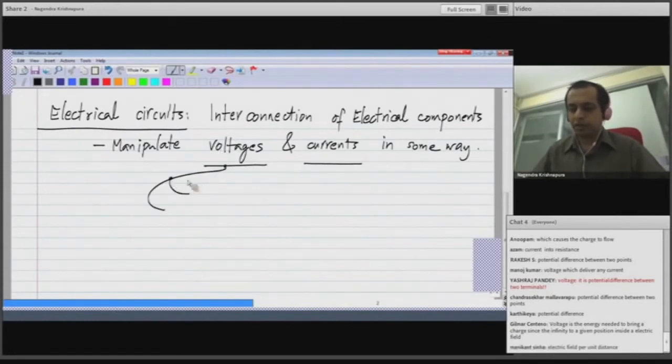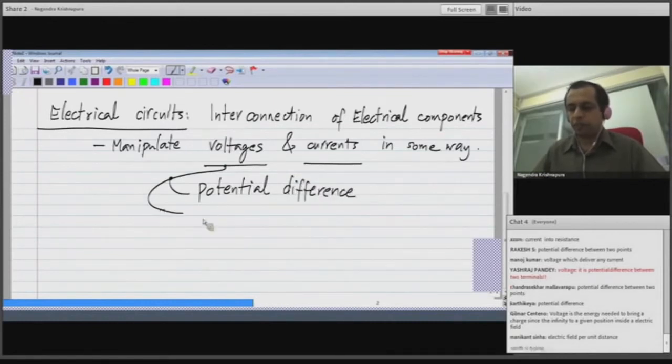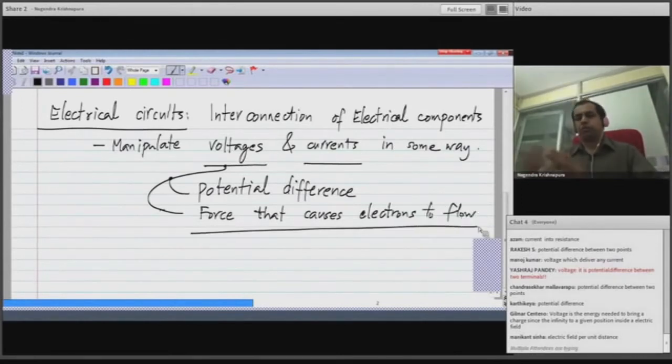You say that either the voltage is a potential difference or it's related to some force that causes current or that causes electrons to flow. Okay. Now both of these are of course quite correct, and I'll elaborate on these things.